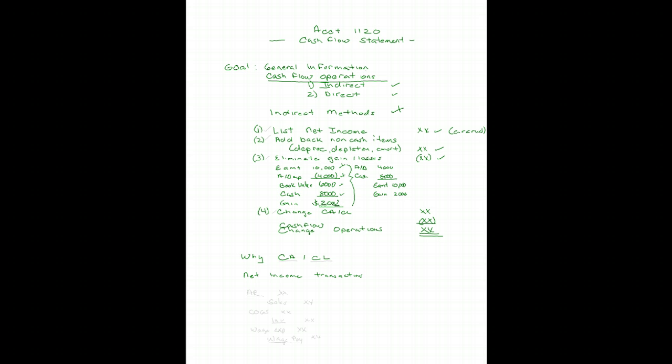We have a sale, accounts receivable and sales. Whatever that is, it affected a current asset. We took out cost of goods sold and inventory. Whatever that is, inventory is a current asset going down. We need to look at the change in it.